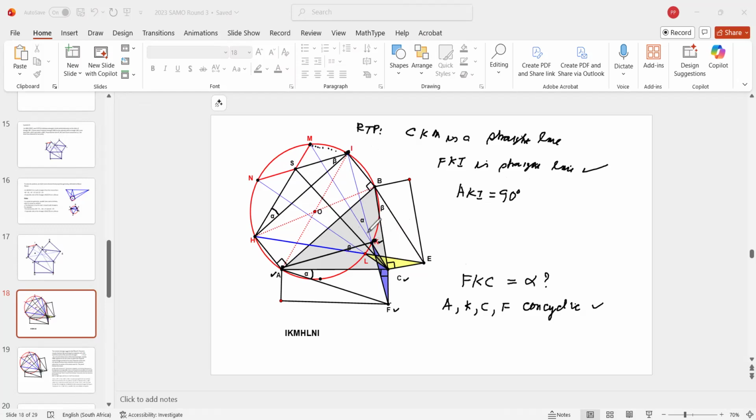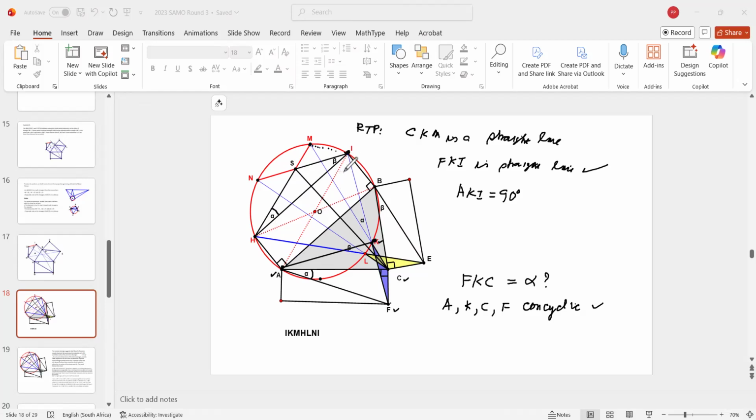When we're asking whether it's 90 degrees, we're asking whether AI is a diameter of the circle. And yes, AI is a diameter of the circle, because when we drew the circle, we said that the center is where these two diagonals intersect. So this must be the diameter. So AI is a diameter.